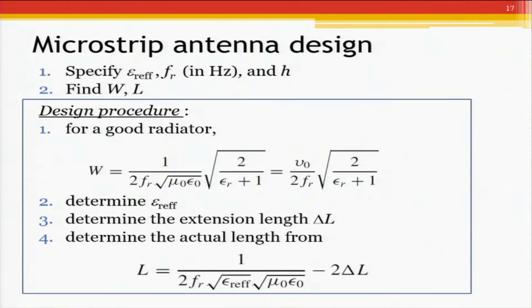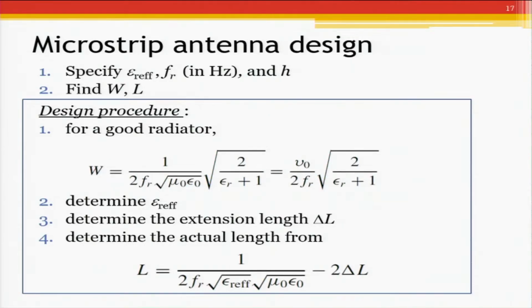So the first step is to know this material, the proper material that you want, which gives you epsilon R, the thickness, and then you need the operating frequency in hertz.